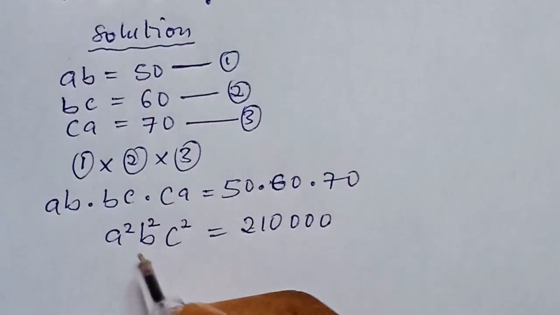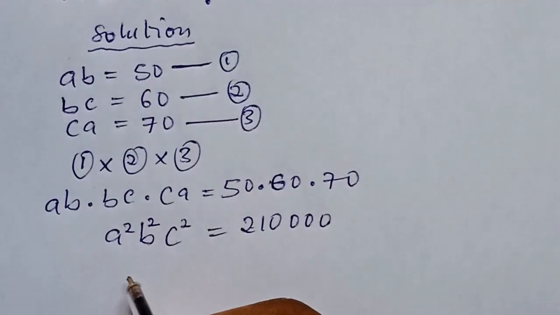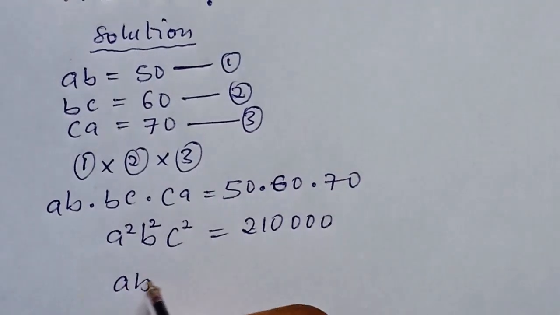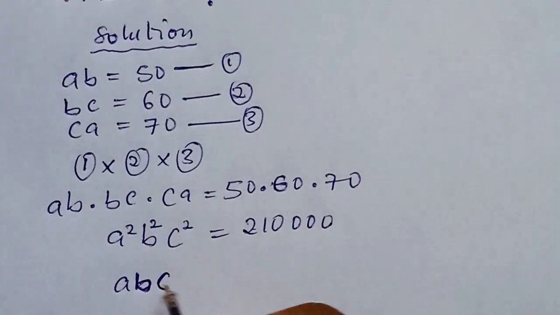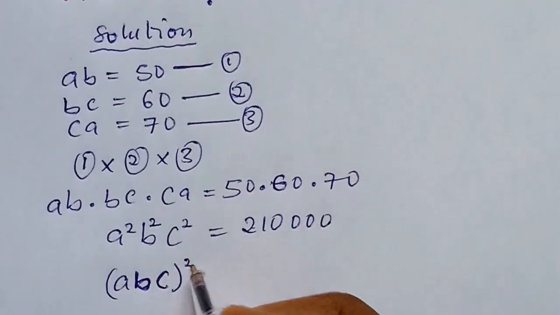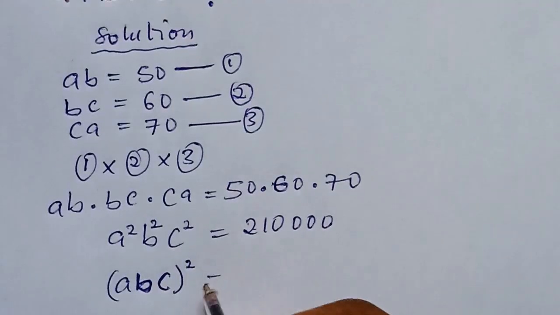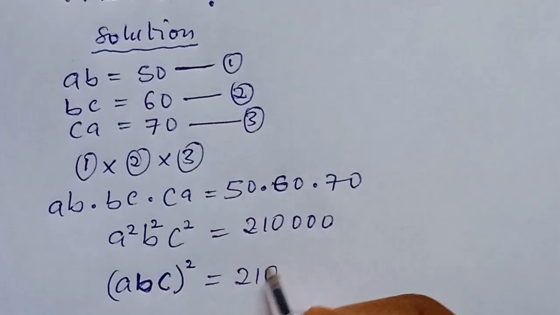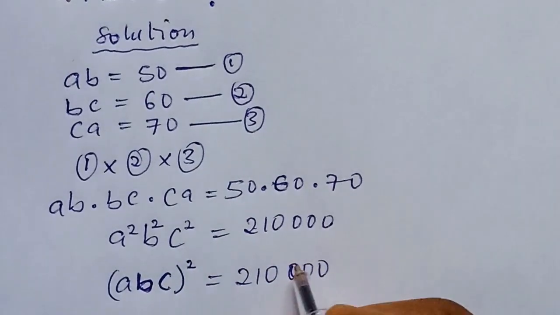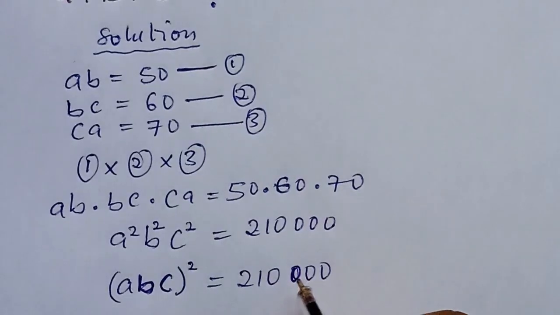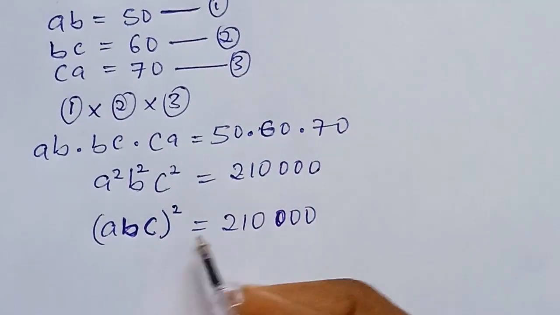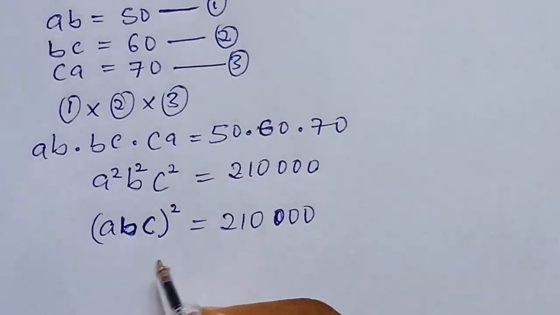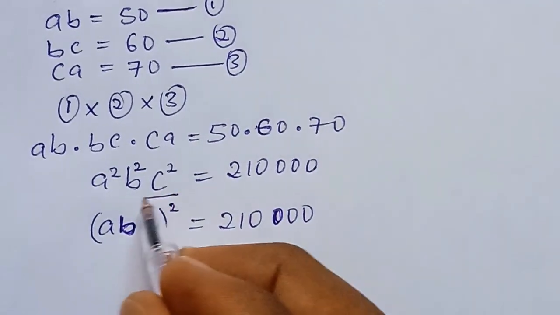So from here, I can rewrite the left hand side as A multiplied by B multiplied by C in brackets, power 2, equal to 210,000. Then I will now square root both sides.